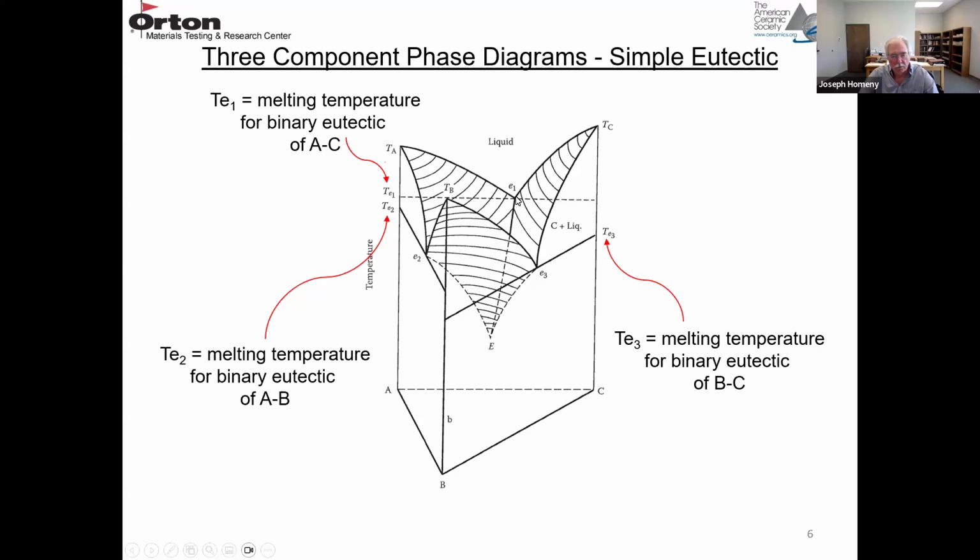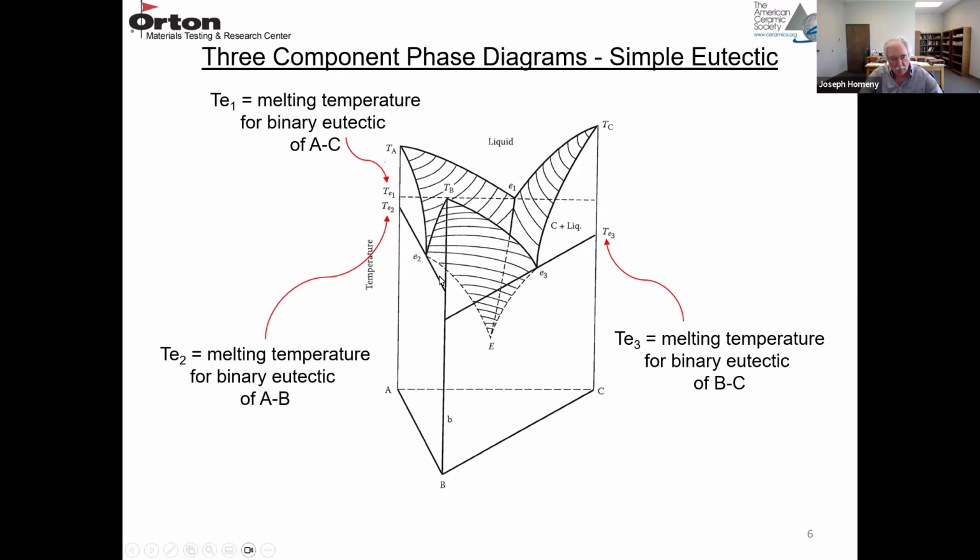TE1, which goes through E1, is the solidus line and the melting temperature for this binary eutectic on the side AC. TE2 is the solidus line for eutectic E2, the melting temperature for that binary eutectic.